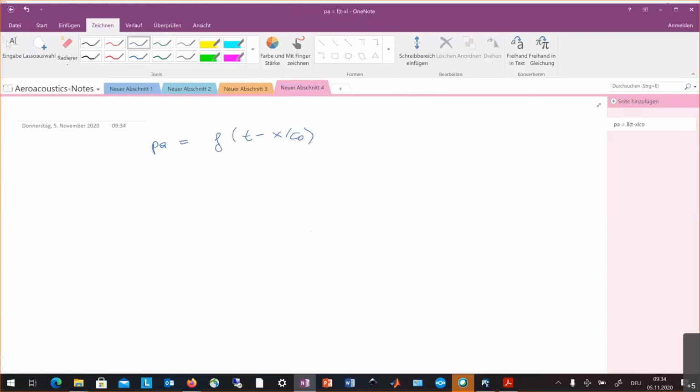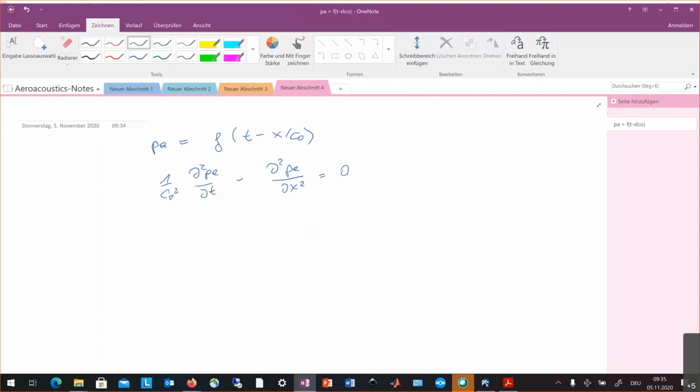So this is the argument. And we know that the acoustic pressure has to fulfill 1 over c0 squared, I write it now, the second time derivative minus the second space derivative, and instead of the Laplacian, we just have the second space derivative with respect to x, because we have this one-dimensional case.